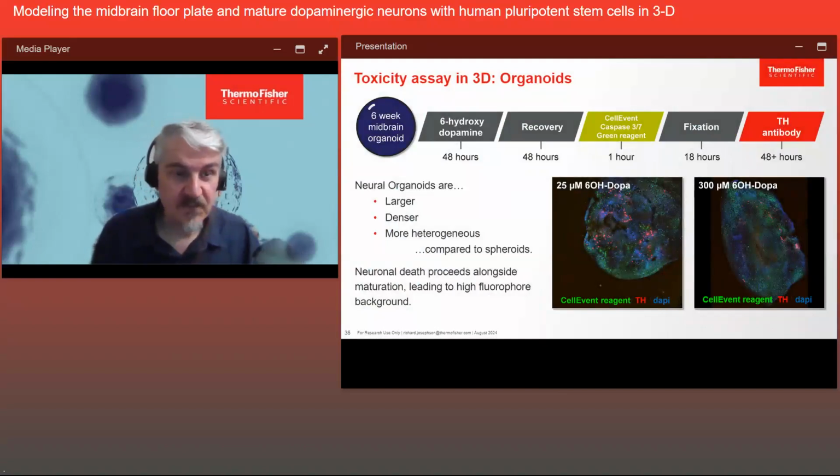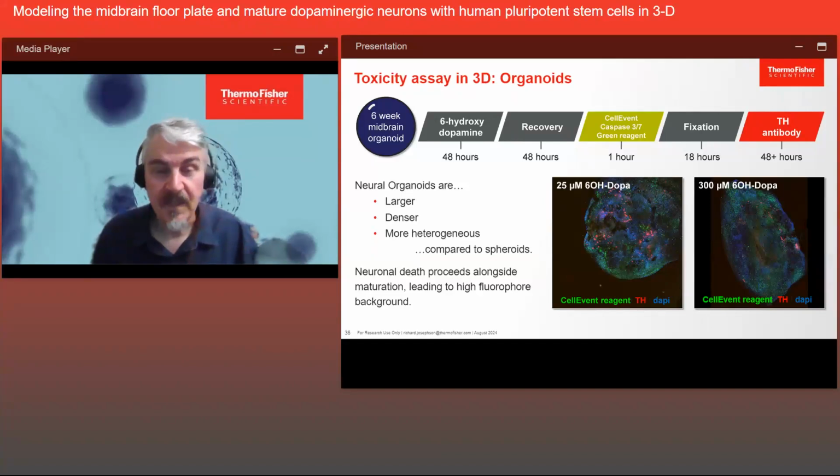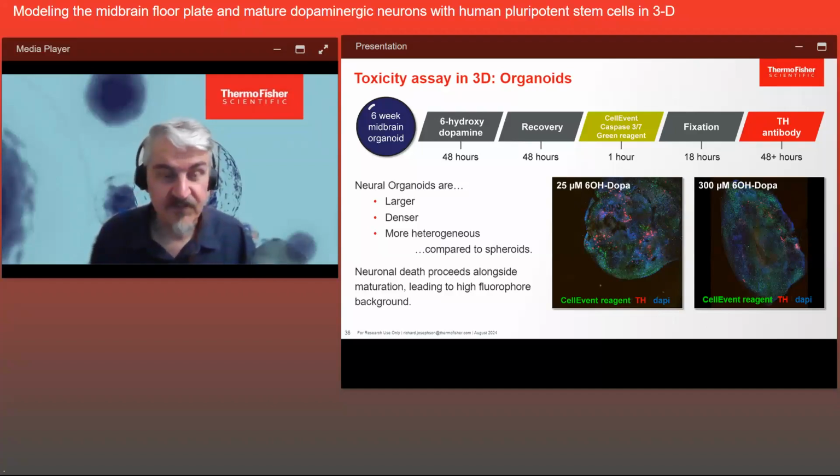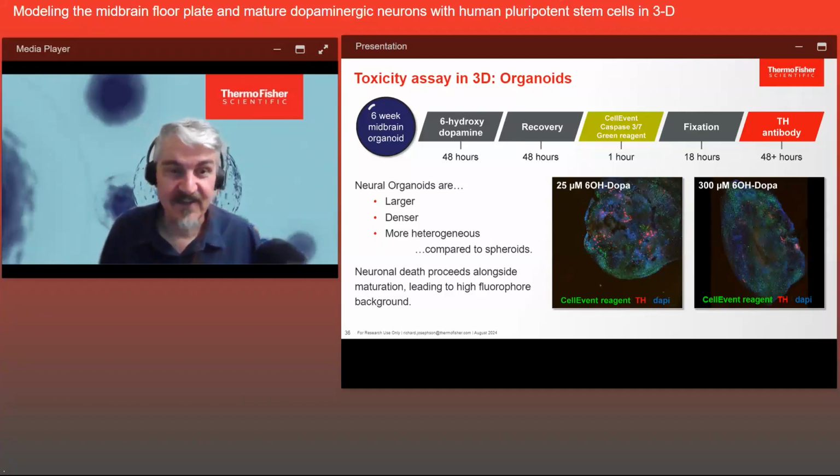So to do this, we're going to use 6-hydroxydopamine, which is a dopamine analog that is specifically taken up by dopaminergic neurons and specifically damages those neurons. And we're doing these experiments on mature 6-week-old midbrain organoids. We treat with the 6-hydroxydopamine for 48 hours, then come back 2 days later and add the CellEvent caspase probe.